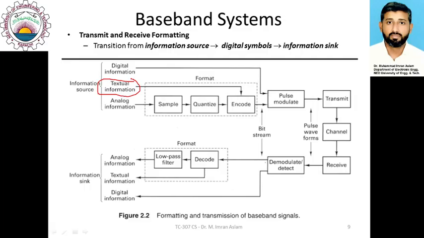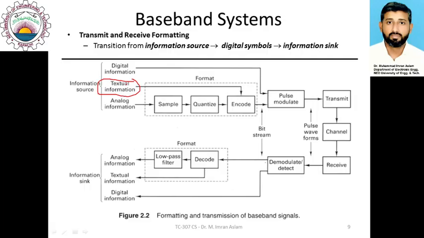So we write some text consisting of the English characters, say 26 English characters plus some alphanumeric characters, including the numbers from 0 to 9, plus some symbols like plus, minus, and punctuation marks, comma, full stop. All those characters form the textual information.